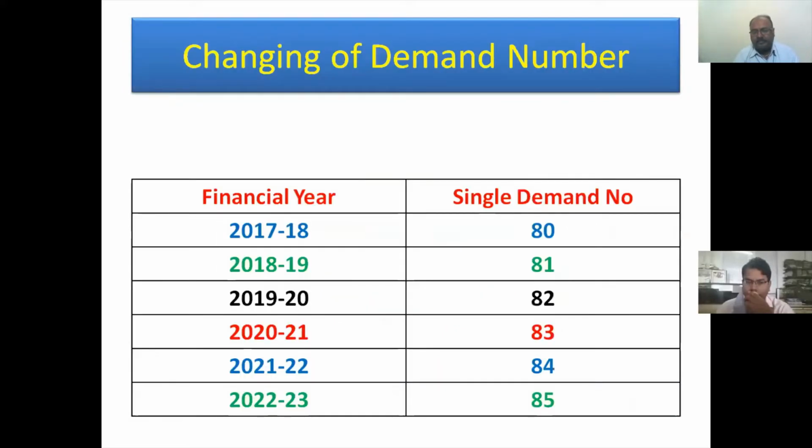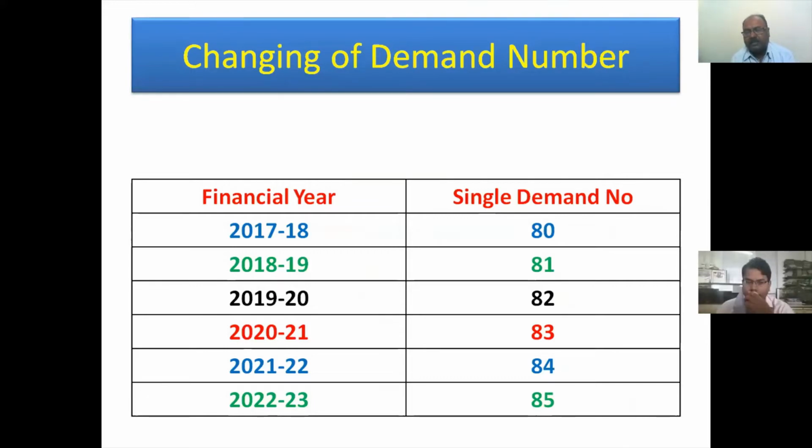The first year the single demand number was allotted was 2017-18, and the demand number was 80. The next year it changed to 81, 82, 83, 84 for the current year, and 85 next year.